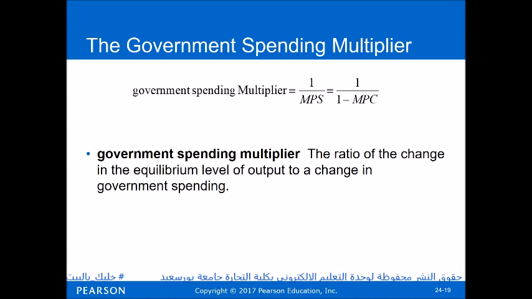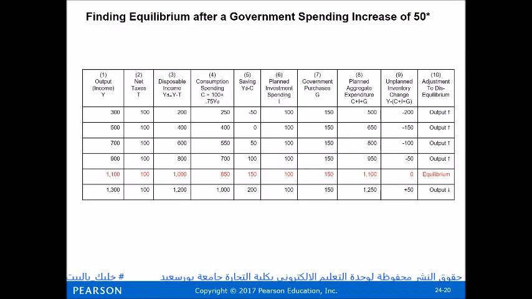So either we use the first method, which is dividing 1 by MPS, or 1 divided by 1 minus MPC, or we divide delta Y by delta G.